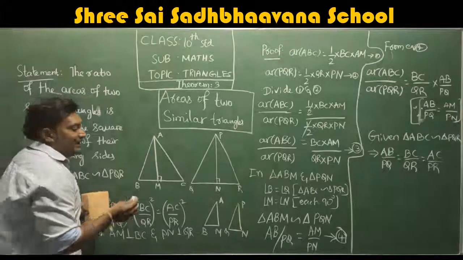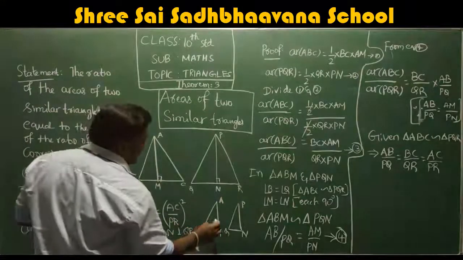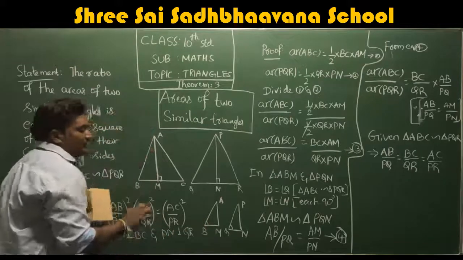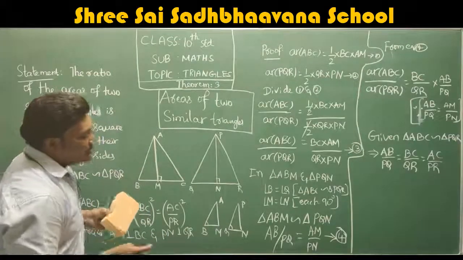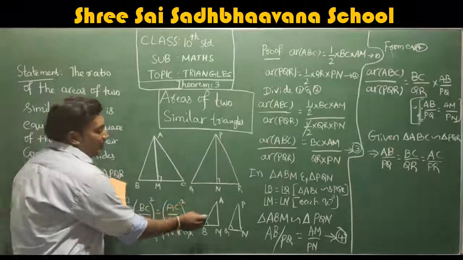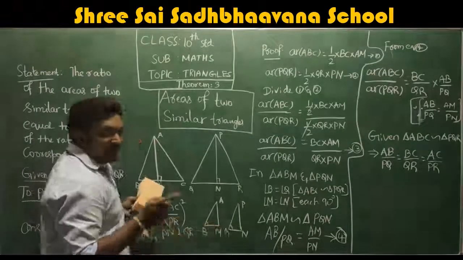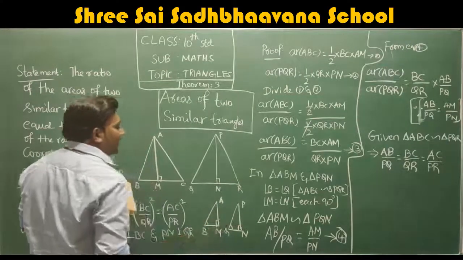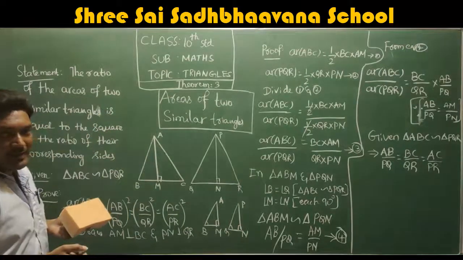So this criterion says that, for example, I'm just assuming angle B and angle Q are equal. In these two triangles, ABM and PQN, angle B and angle Q are equal, and the other two angles are obviously equal because both are right angle triangles.